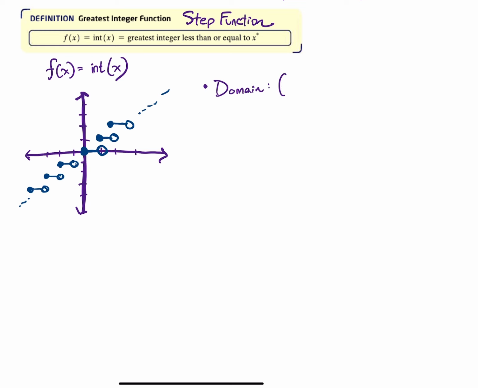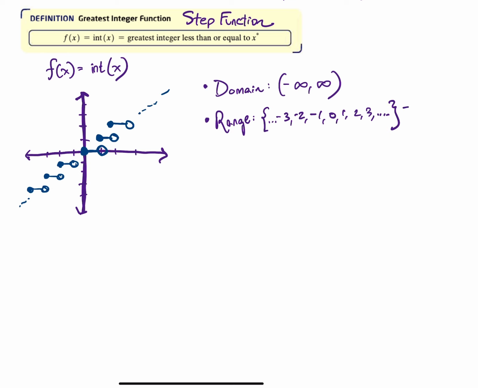Its domain is all real numbers. Even though it's discontinuous, we can plug in any value. Its range, however, is restricted. Its range is only integers, so we can imagine every possible integer, like -3, -2, -1, 0, 1, 2, 3, and so on.